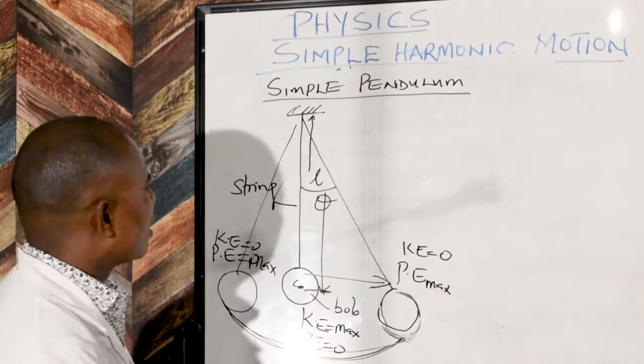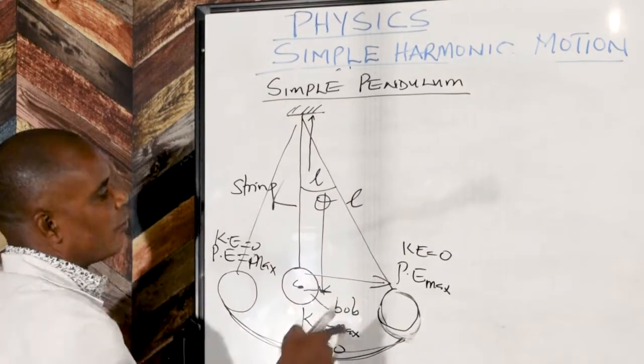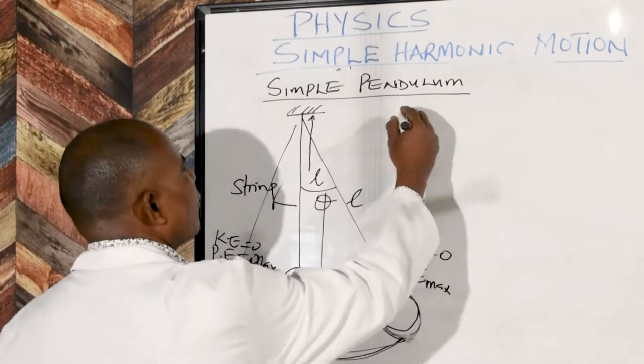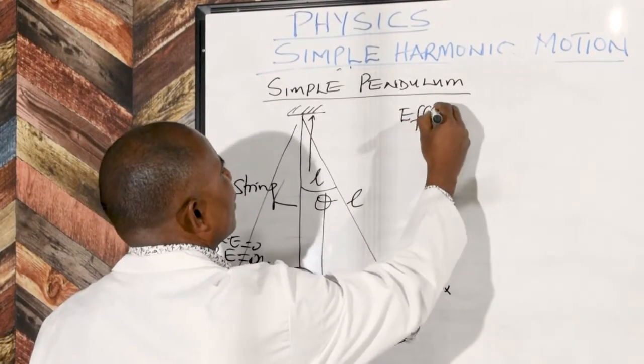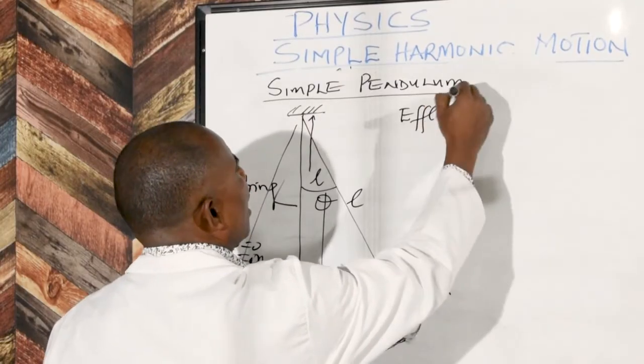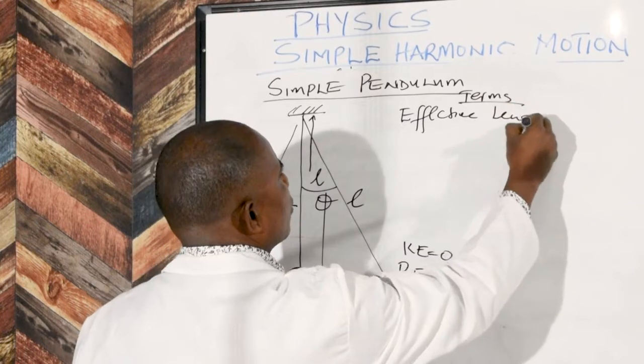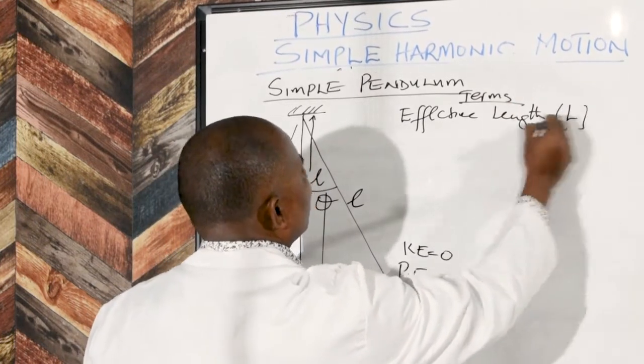So now there are terminologies that we want to define on the simple pendulum. We have first the effective length. What is the effective length of a simple pendulum?